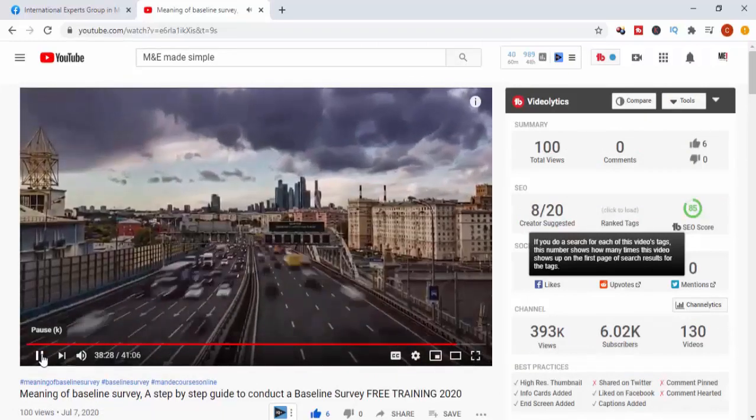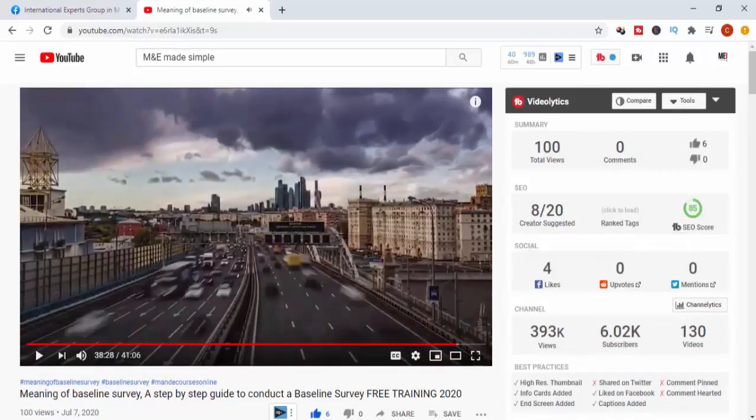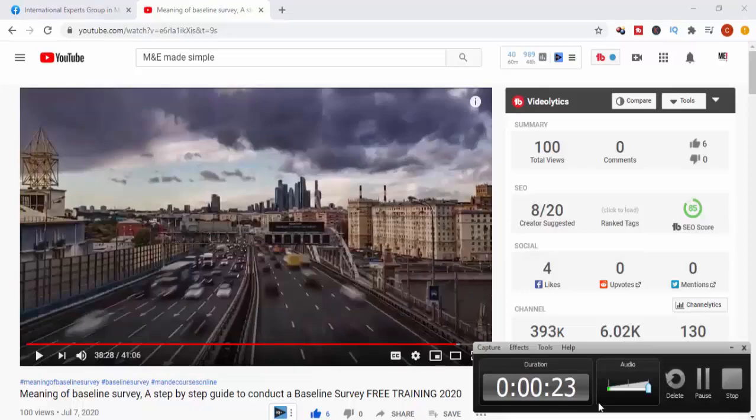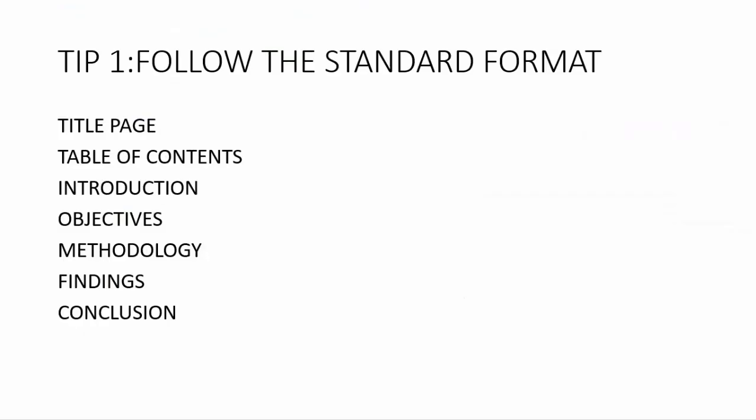Okay, so tip number 1, follow the standard format of reporting. You see, when writing a report, guys, you need to always follow the standard format. You need a title page, you need table of contents, you need the introduction, the objectives, methodology, findings, and conclusion. You don't need to be too detailed if you don't want to be. But what I think is very important to the reader is the findings, the methodology, okay?